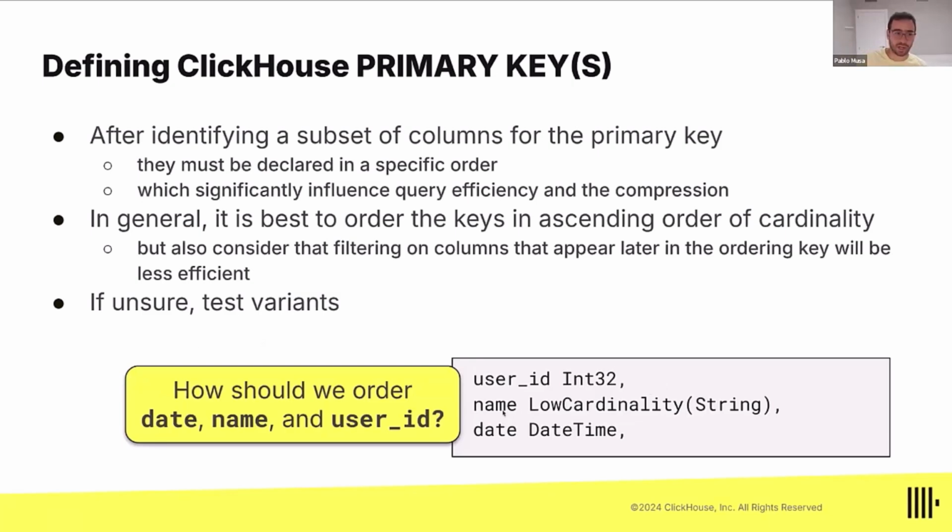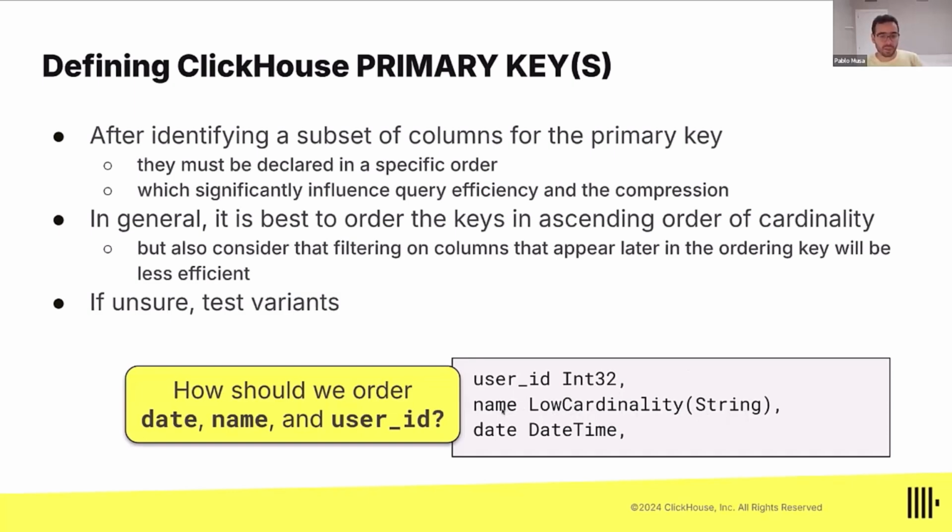What should be the first column? Yeah, so the first column should be the one with the lowest cardinality. The lowest cardinality here is definitely going to be name. We even put a low cardinality type in front of it, right?